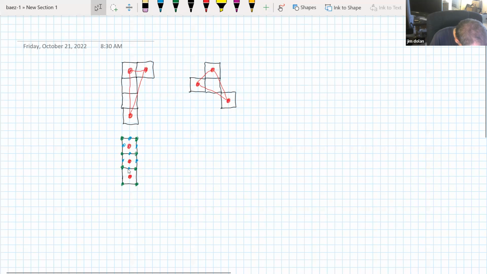And then we sort of barycentrically subdivide this. I wouldn't really call this barycentric subdivision.